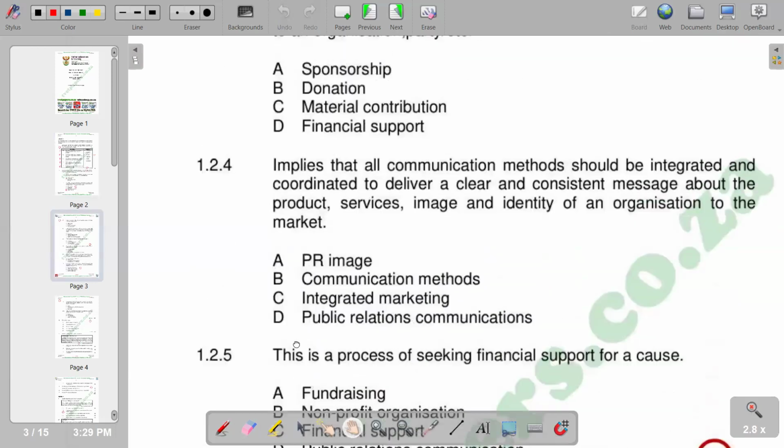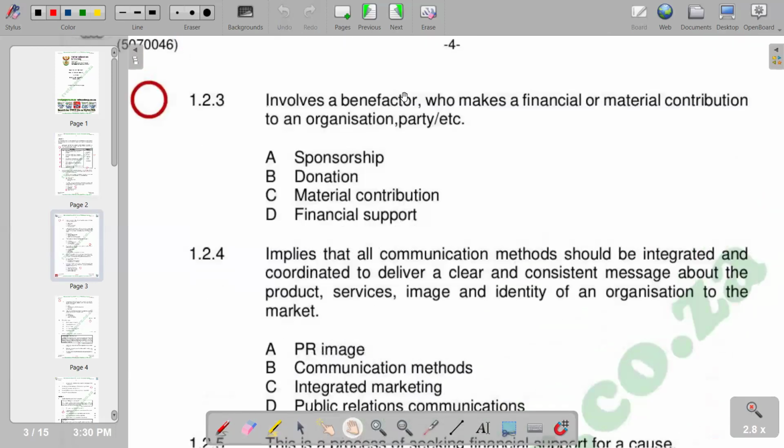So on number 3, our question reads: involves a benefactor who makes a financial or material contribution to an organization, a party, etc. With the responses that we have, you see that this is basically a sponsorship, so we have sponsorship, A. Remember, a sponsorship is a strategic partnership where a company provides financial or material support to another company or organization.